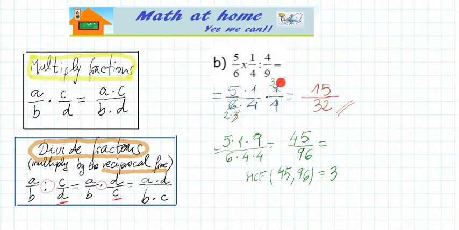And here you have all the factors of number 96: 2, 3, 2, 2, 2, and 2. So the only common factor is 3. Then the highest common factor is going to be 3. And then you have to divide 45 by 3 and 96 by 3, because we divide by the highest common factor of the numerator and denominator.